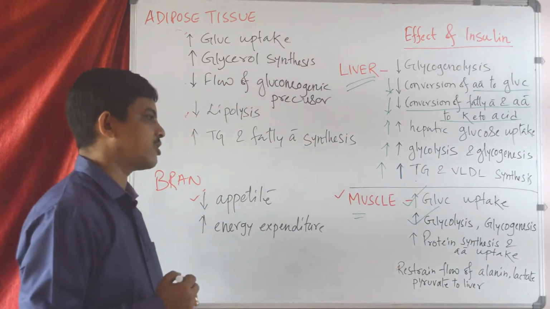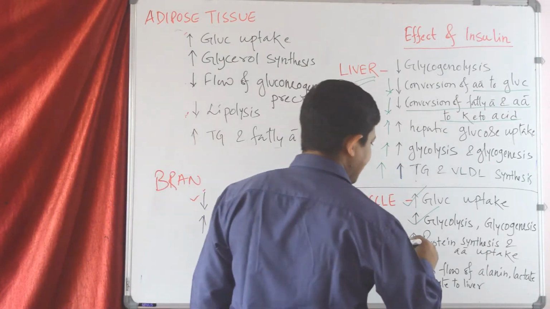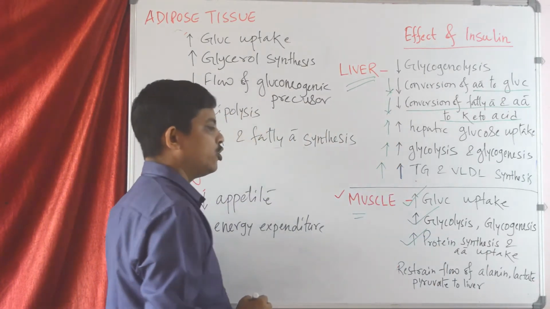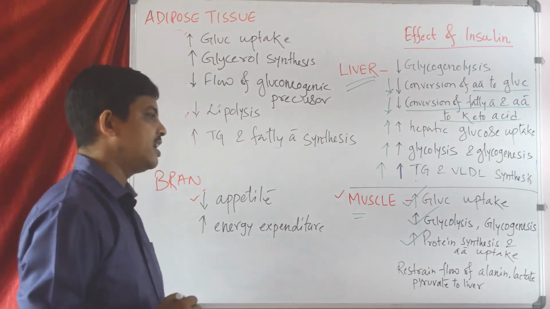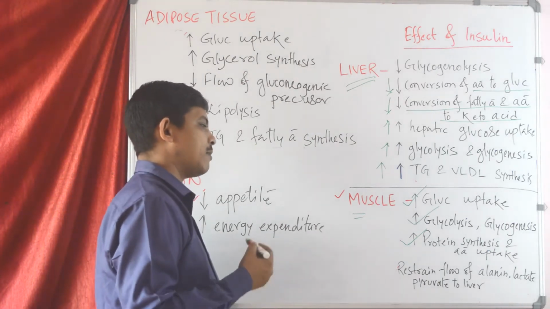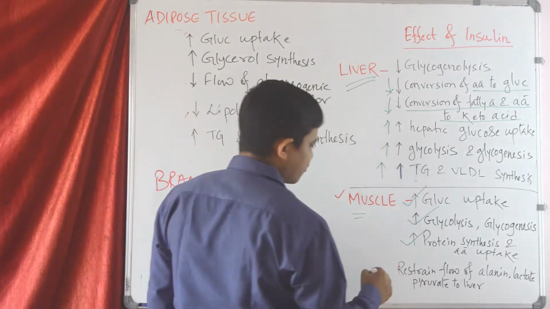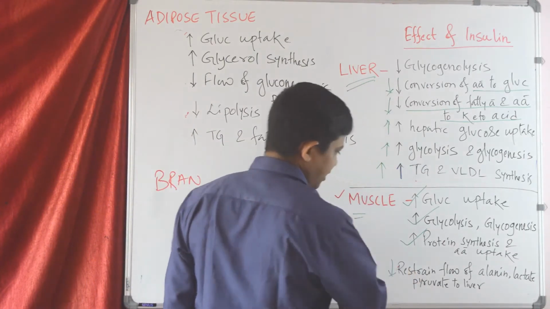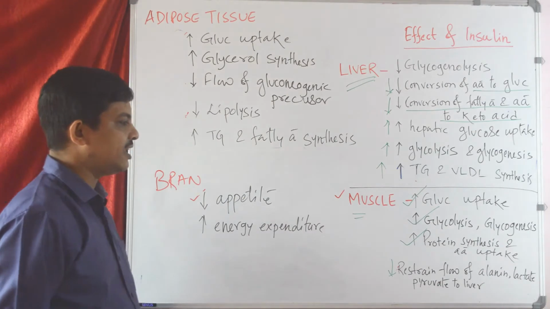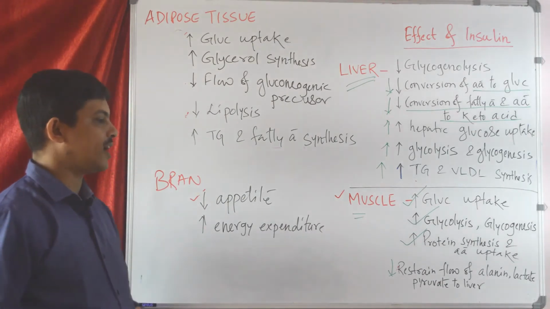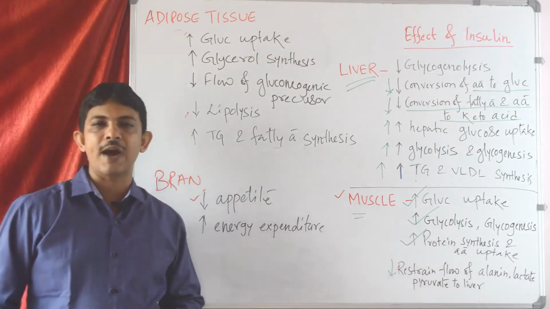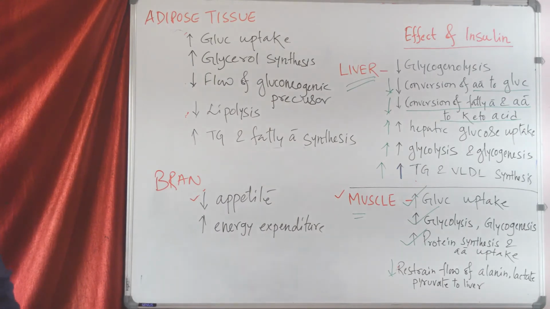It increases protein synthesis and amino acid uptake. So in muscle it promotes amino acid uptake and synthesis of protein. It restrains the flow of alanine, lactate, pyruvate to the liver.